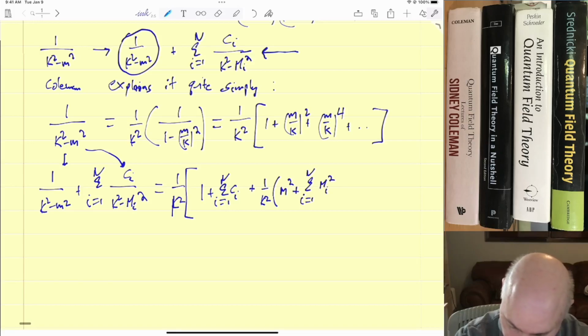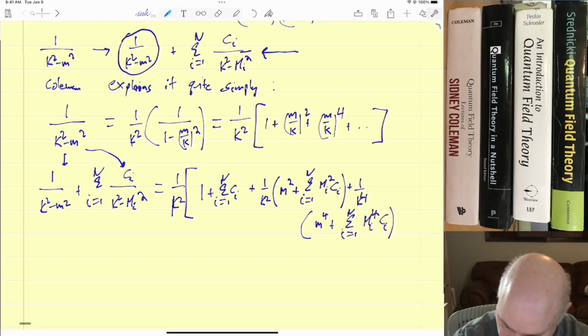With the ci coefficient. And then keep on going. I'm going to get 1 over k to the 4th times m to the 4th plus the sum from i equal 1 to n of mi to the 4th ci. And then this goes dot, dot, dot.